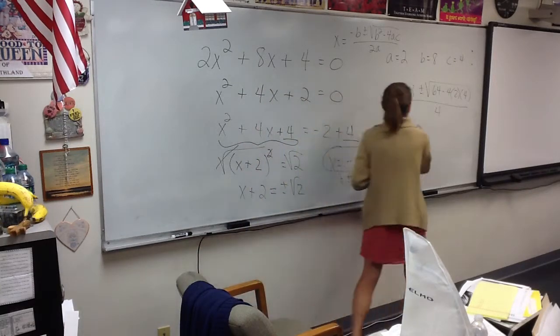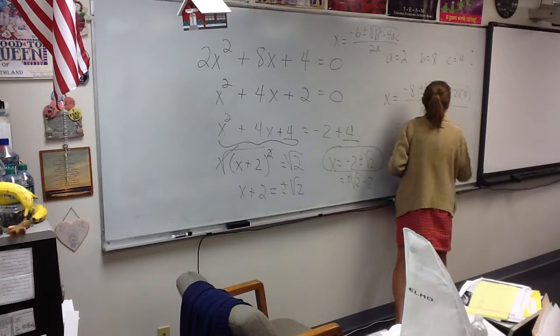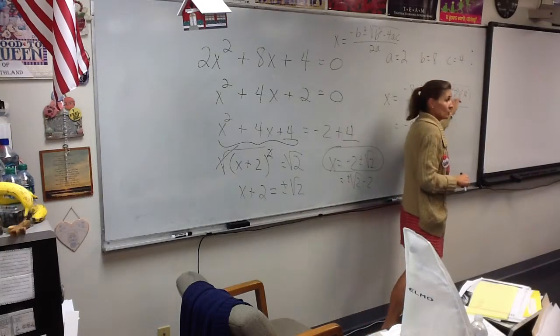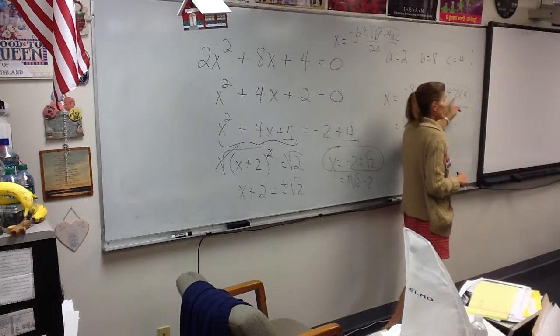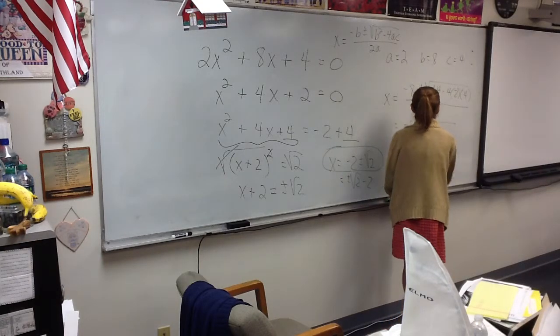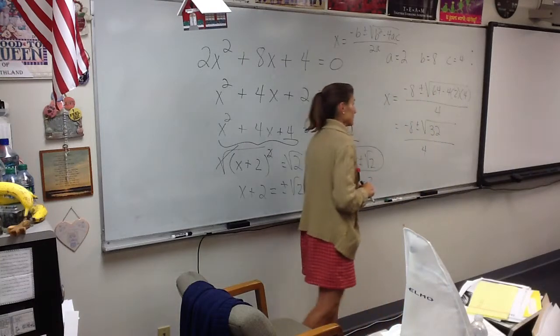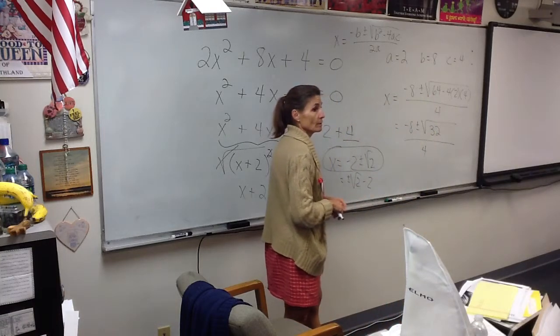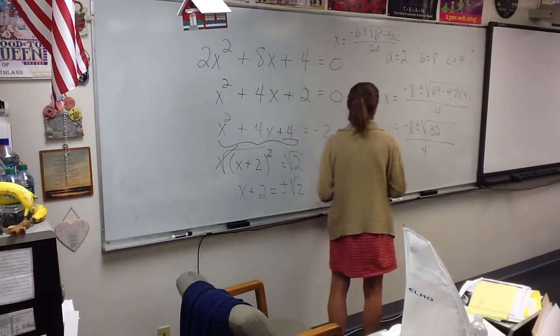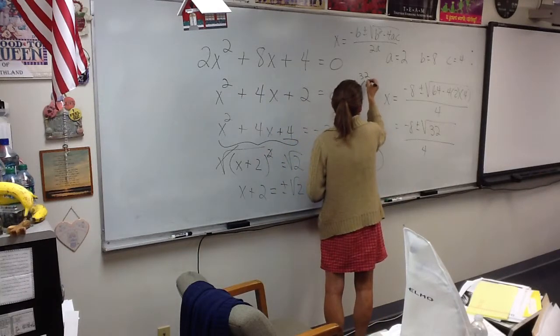So we have -8 plus or minus the square root of 64 minus 32, which is 32. So then you get 8 in the square root, right? No, it's 4 root 2. The square root of 32 is not 8.